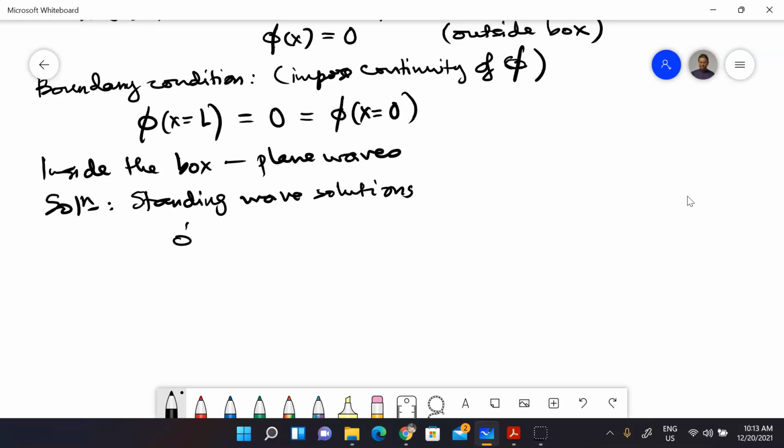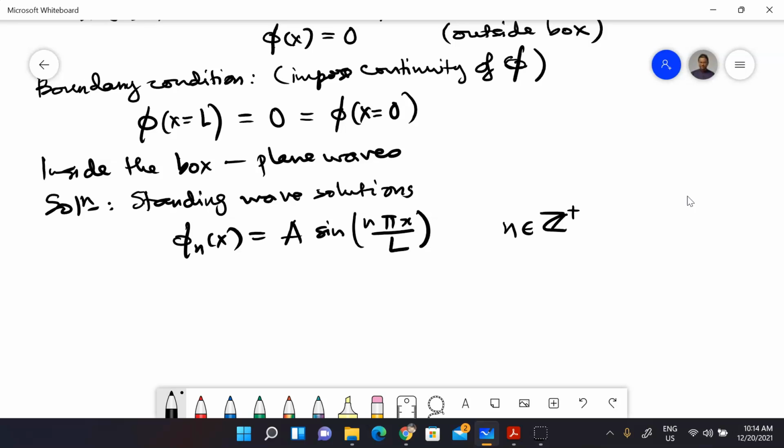And they are given by this wave function, which is given by sine n pi x over L, where n is an integer and it's positive. Now you might say, why not negative, why not 0?